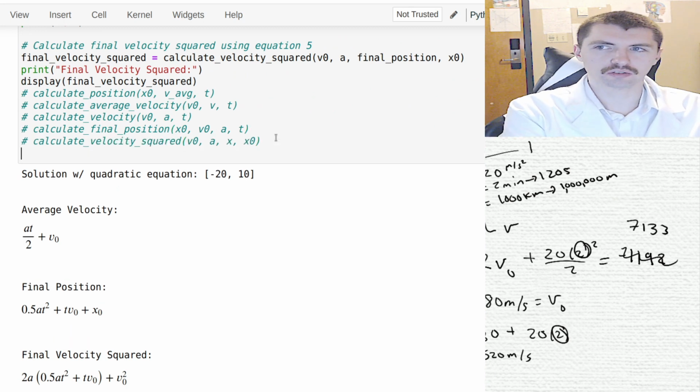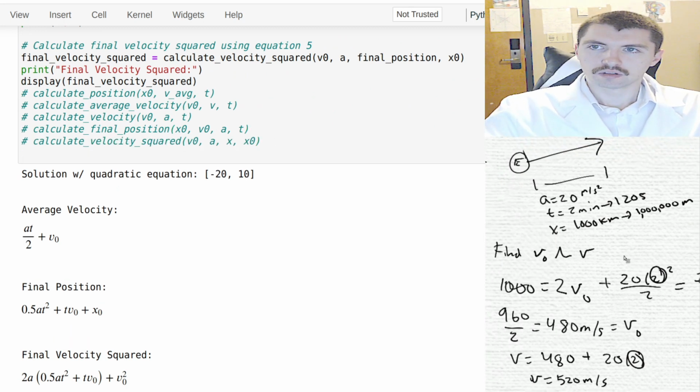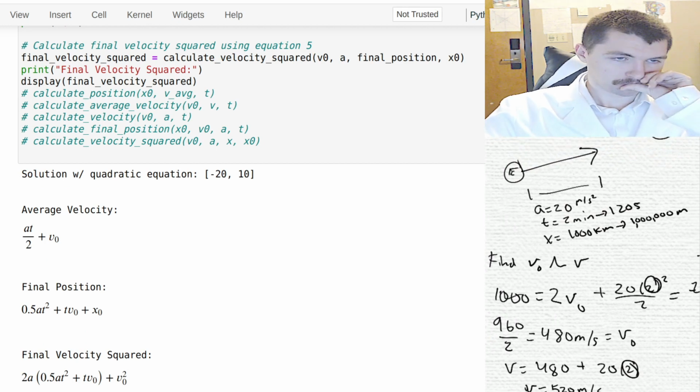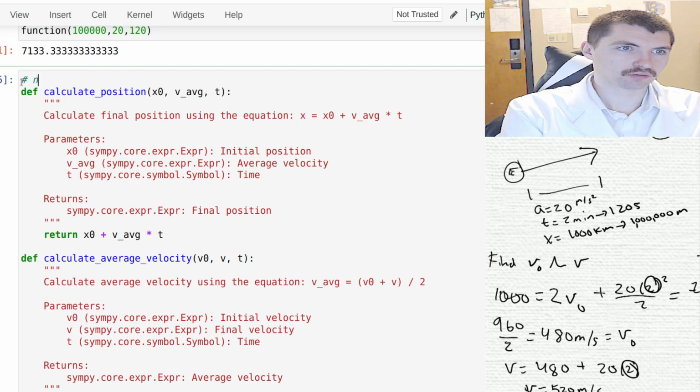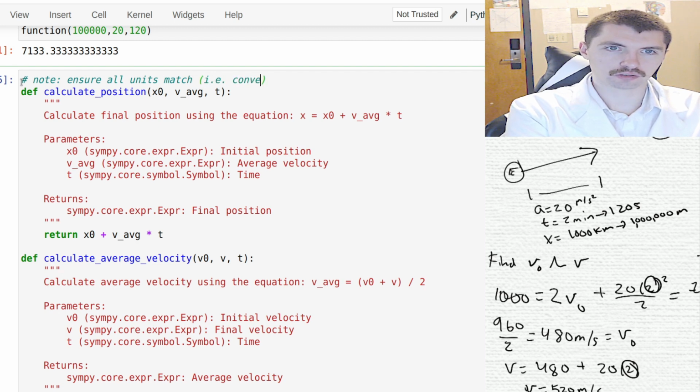Okay, so note, ensure all units match. Convert km to meters if needed.